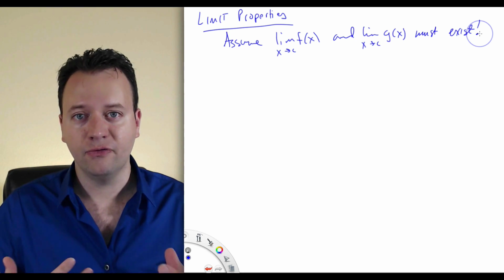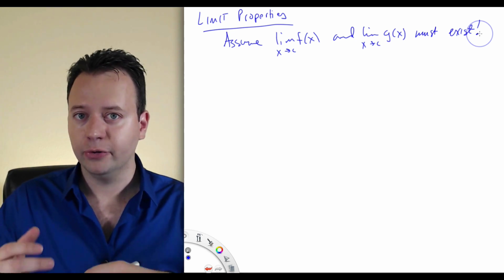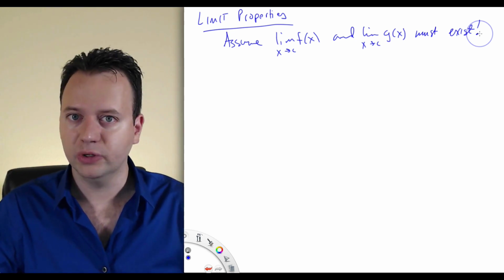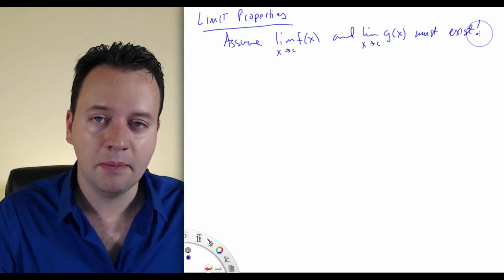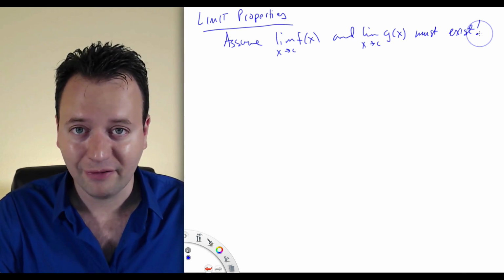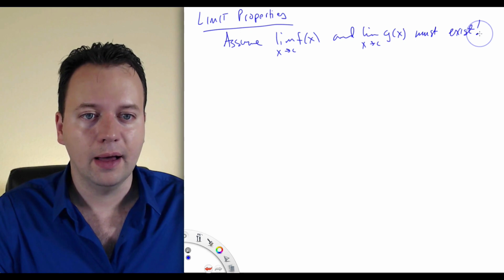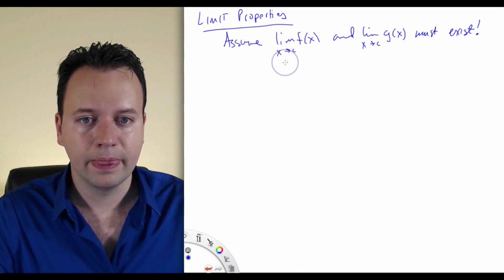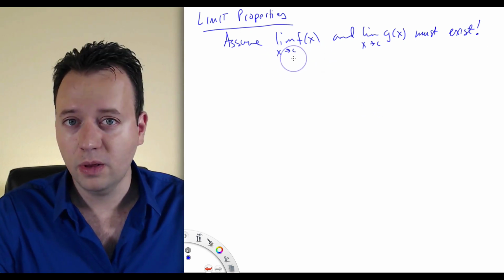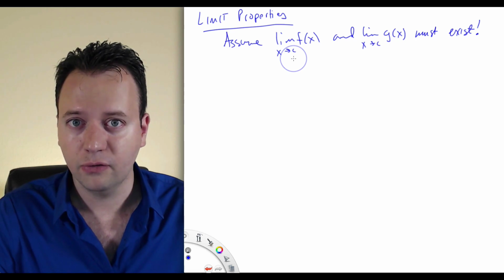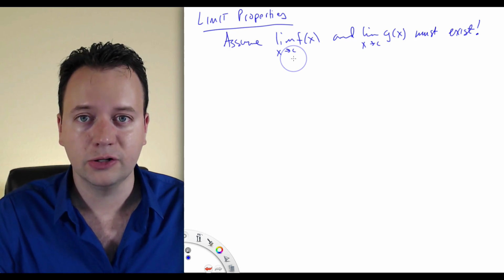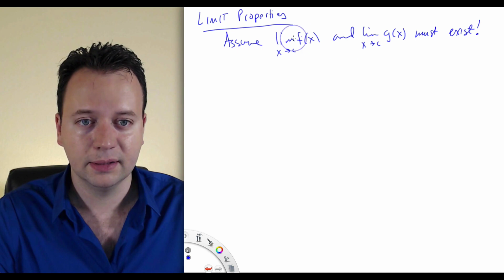They cannot be infinity, right? They have to return 5 or 6 or 27 over pi. There has to be some numerical output. They have to converge, in other words. They cannot diverge.